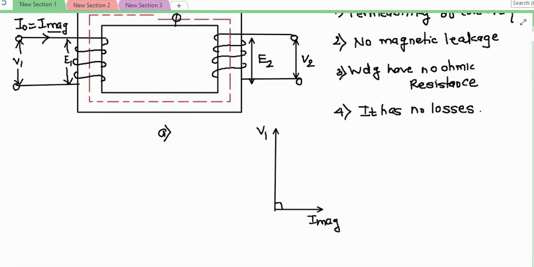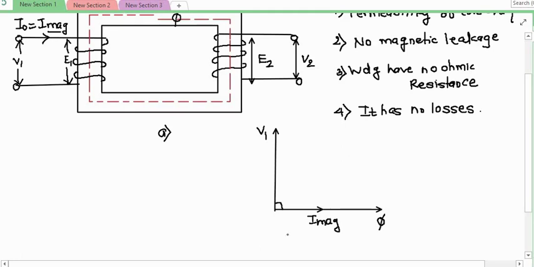And this current is only responsible for producing the flux, and that flux is again in time phase with the magnetizing current. It is obvious that if there is no magnetizing current, there would be no flux, or flux will be zero.